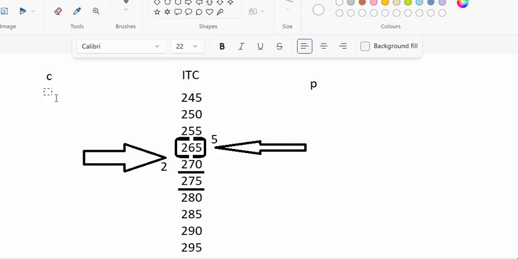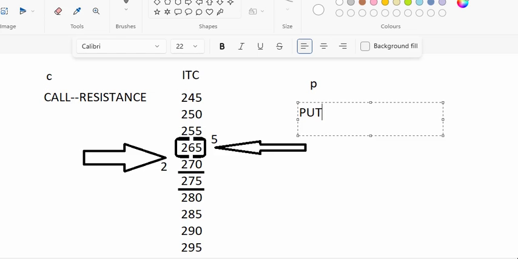Just like this, you need to remember what the call options are. Call options act as resistance. They are resisting you. What are the put options? Put options act as support.